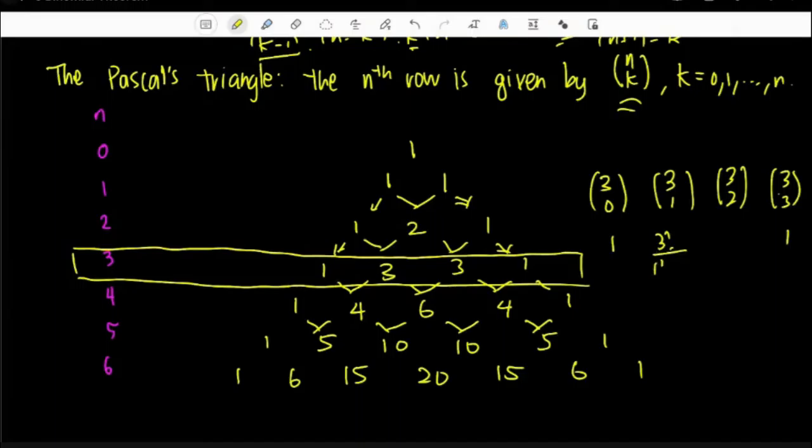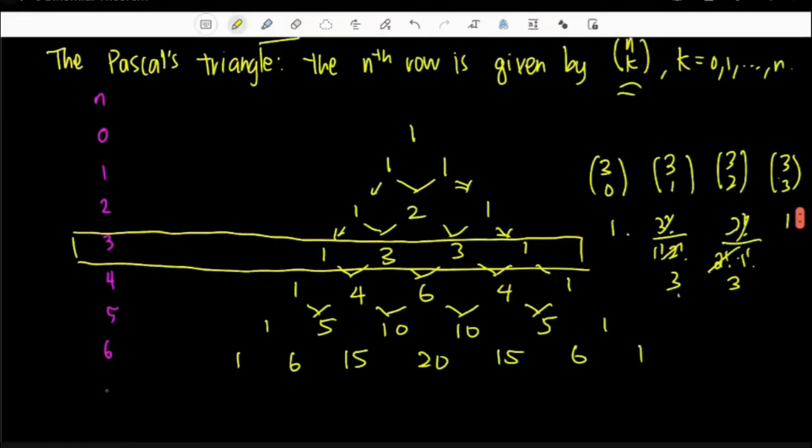So, 3 taken 1 is 3 factorial over 1 factorial times 3 minus 1, 2 factorial. So, you cancel 2 factorial and you're left with 3. Here, we have 3 factorial over 2 factorial times 3 minus 2 is 1 factorial. So, you cancel 2 factorial. So, you have 3. So, 1, 3, 3, 1. So, every number here is determined by this formula.